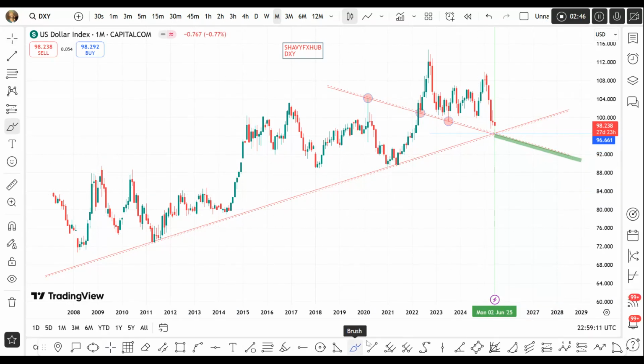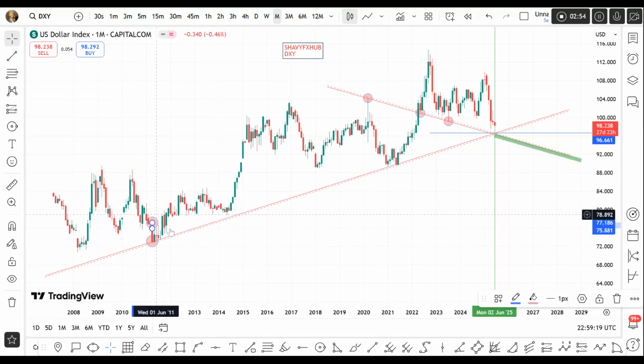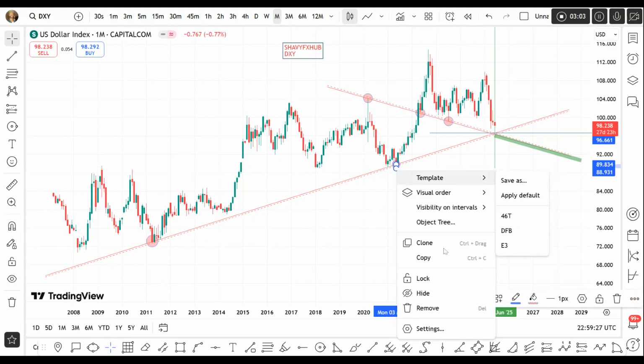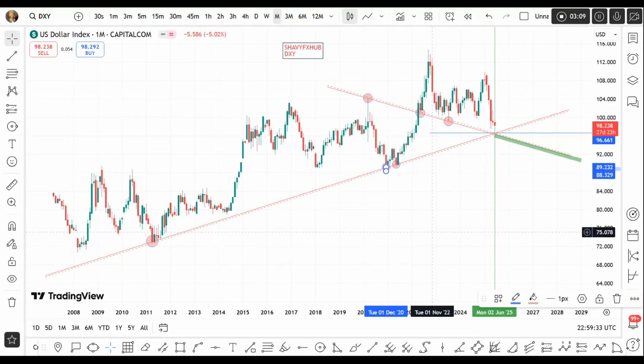While we have enjoyed here as our demand floor in 2011, and we enjoyed it again, another core body close in 2021, and we also had another touch in 2020, giving us an ascending trend line.